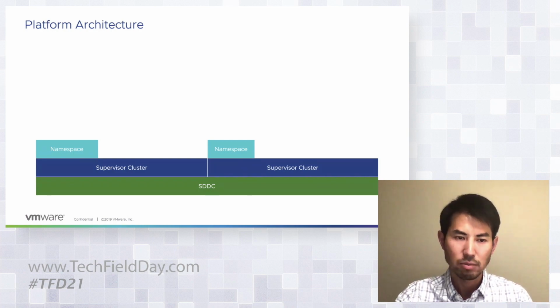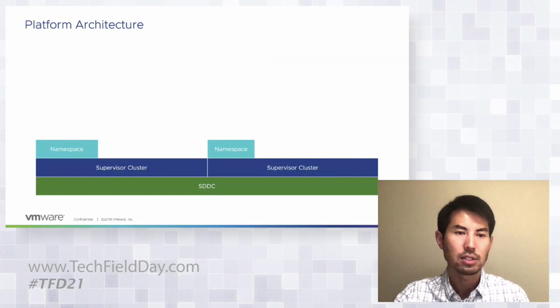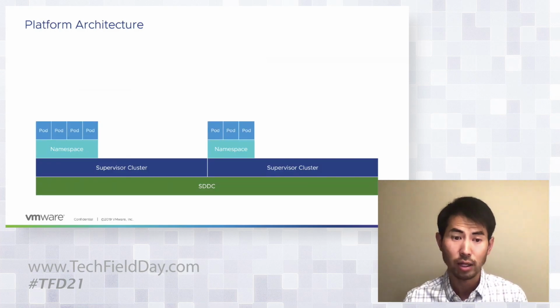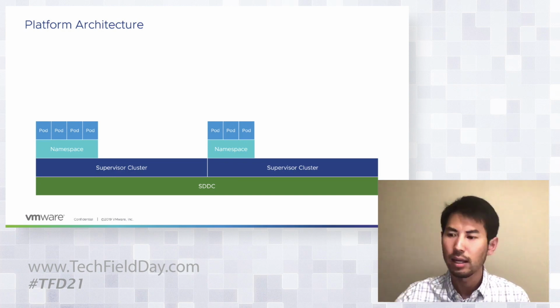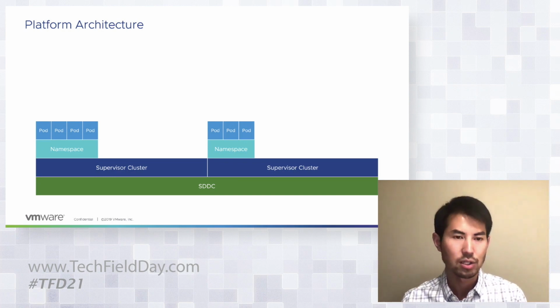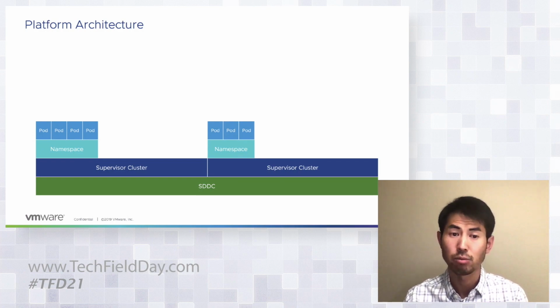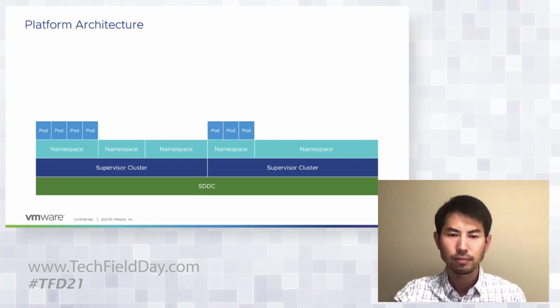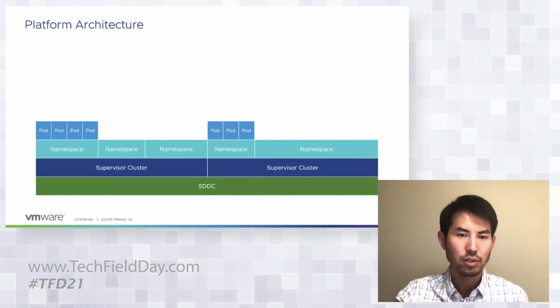Within the namespace, a developer can self-service deploy pods. These are the vSphere pods that run directly on the ESXi hypervisor, and they give you the benefits of very strong security and resource consumption isolation, and also better performance. And you can have more namespaces, of course.